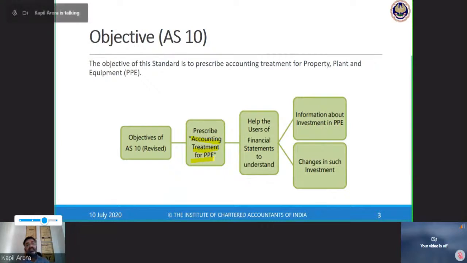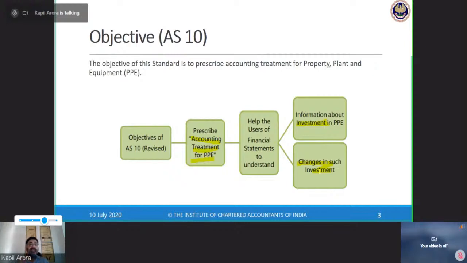It also helps the user to understand what the cost is that we have incurred, which has been capitalized in property, plant and equipment, and at last, how the changes in such cost, that is, how the changes in value, impact the financial statement.